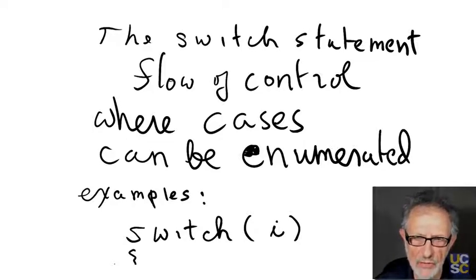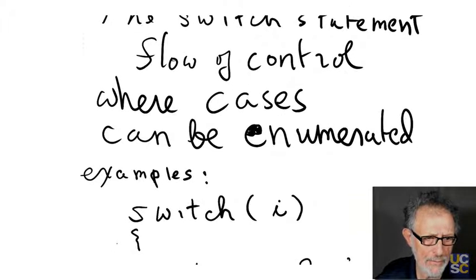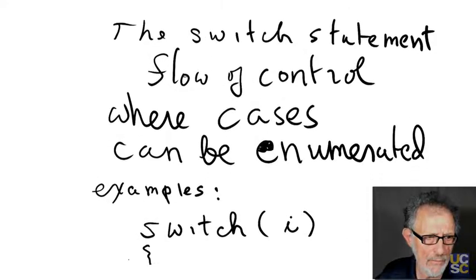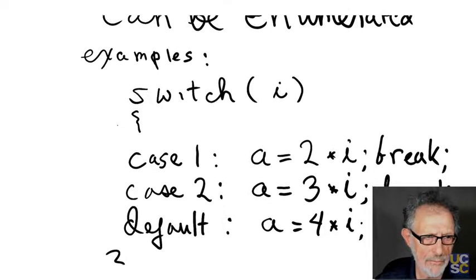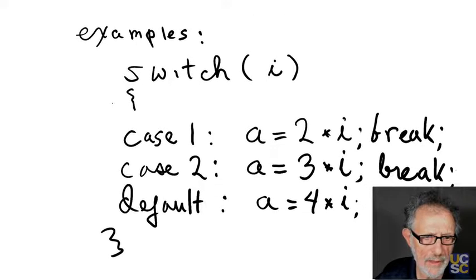And those cases can be critical cases where you want to do different things depending on some small value of I. So let's look at an example. Here's an example.